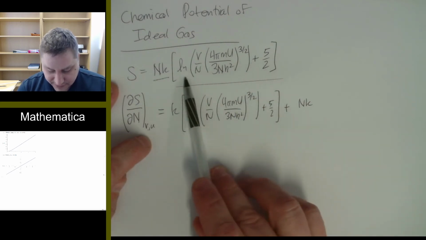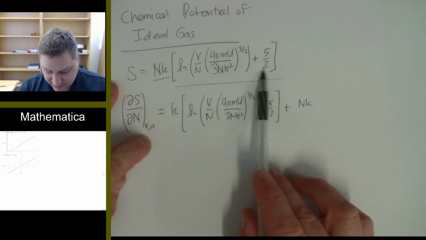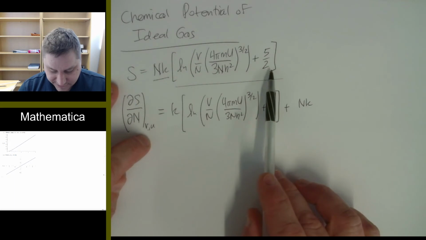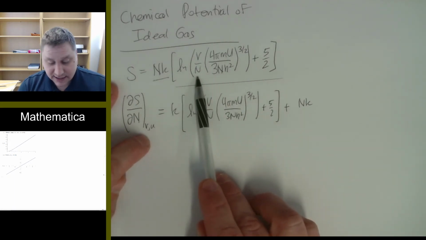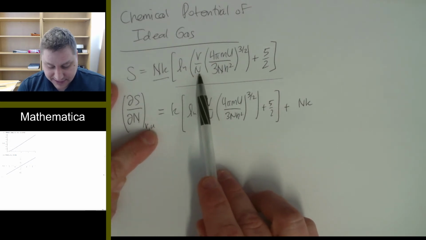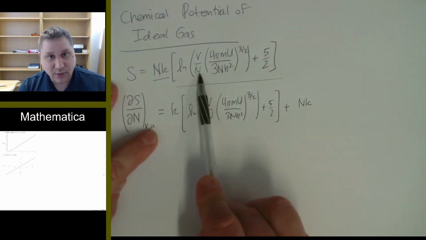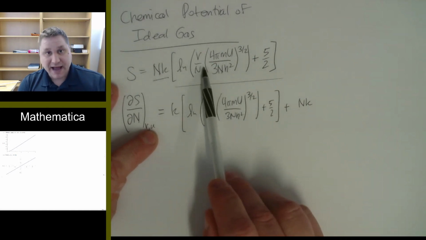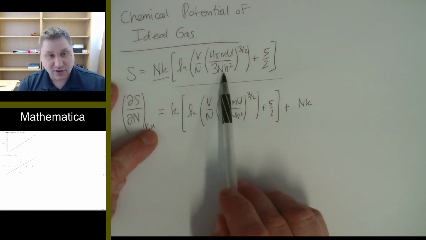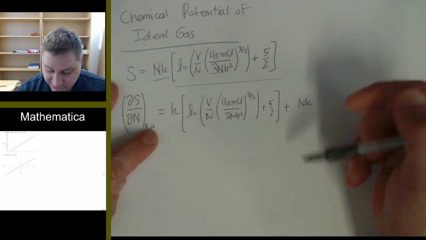The derivative here, we've got a constant that goes to 0. Everything else here is constant except the N. The N is to the -1 power here and to the -3/2 power here. So the total power of N inside the logarithm is -5/2.